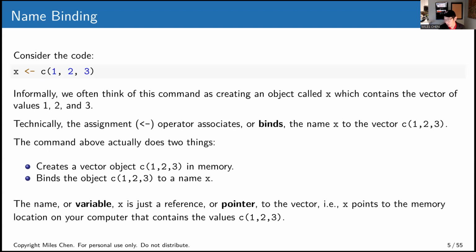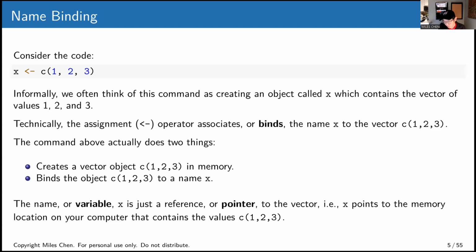An important idea is how objects get named, or technically how names get bound to an object. So if we write something like X is this vector 1, 2, 3, the way we often think about this is, we're just making an object called X that has the values 1, 2, 3.